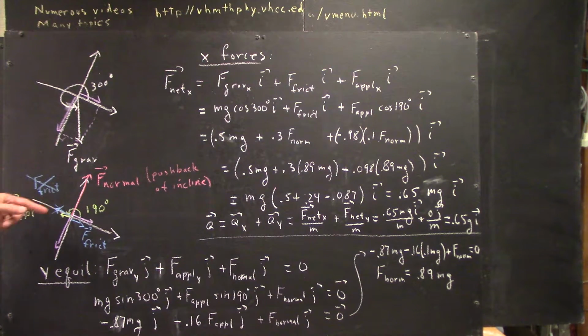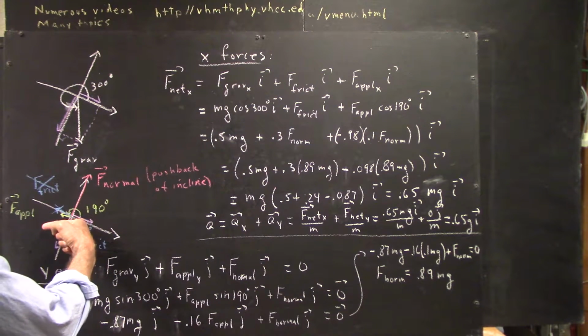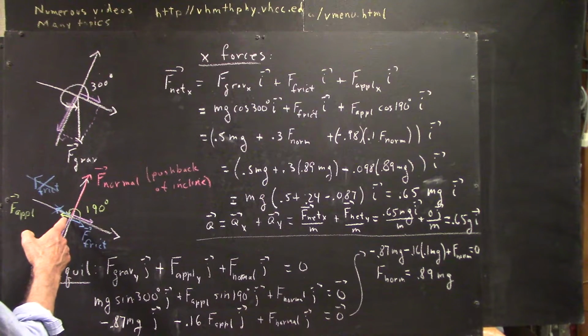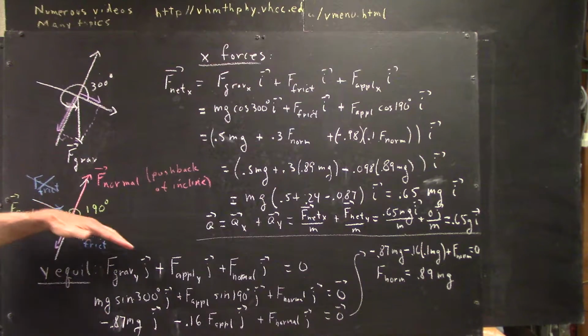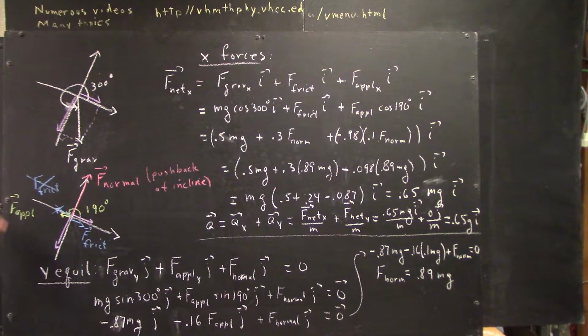Well, the natural way this thing would tend to accelerate and move would be down the incline. So opposing motion would be here. So you're 20 degrees above horizontal, and the incline makes an angle of 30 degrees with horizontal. That puts you 10 degrees below the x-axis. So that puts you at 190 degrees.